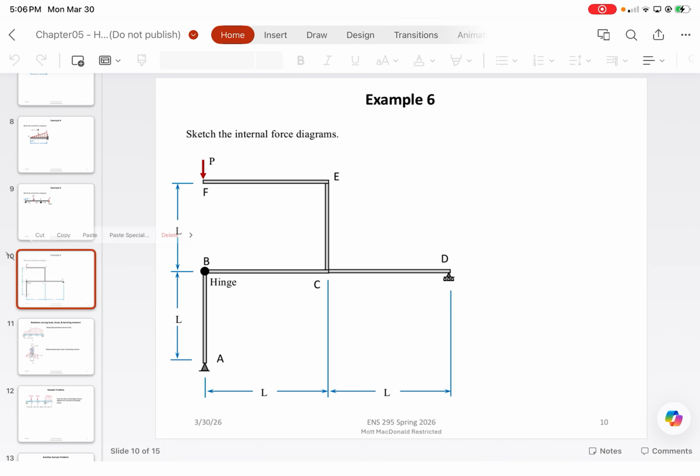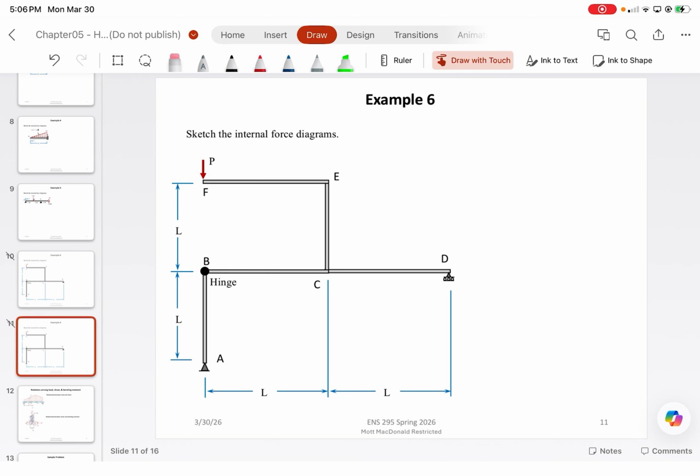By doing that, you would find that the reaction force here is just that force P, and there are no horizontal reactions. In fact, there's no reaction at that node right there, because this force here is directly in line with this force here. So it simplifies the problem quite a bit.